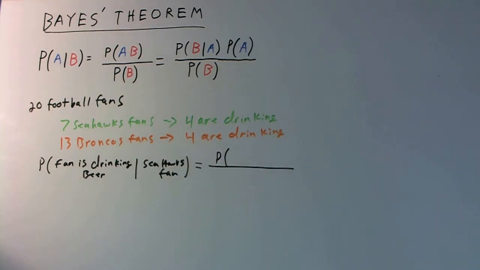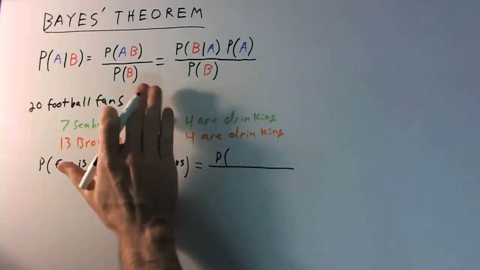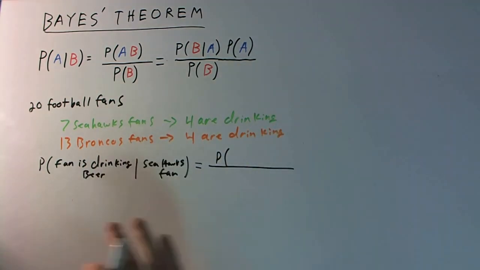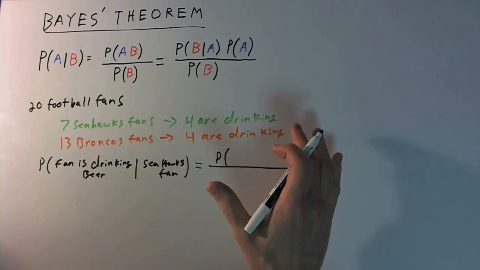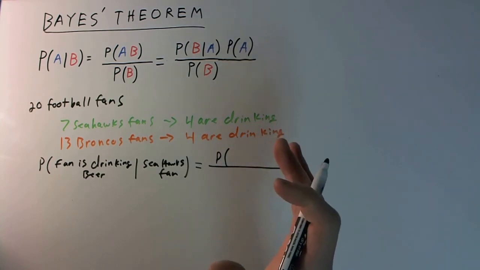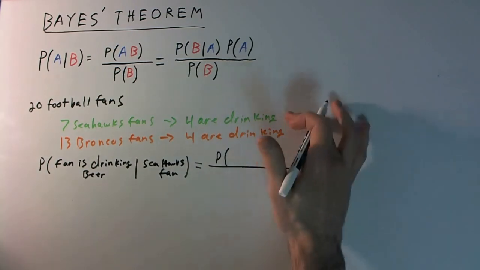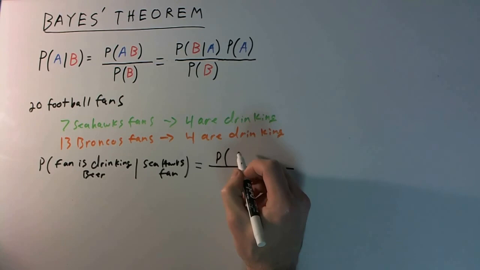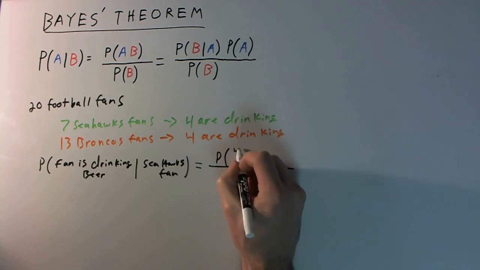So in this case, it's going to be the probability that he's a Seahawks fan given the fact that he's drinking beer, right? So if we're given the fact that he's drinking beer, let's only take the fans that are drinking beer, right? These 8. So of these 8, what's the probability that if we pick one, that one of them is a Seahawks fan? Well, there's 4 Seahawks fans drinking beer out of a total of 8 drinking beer, right? So that's a probability of 4 over 8, right?